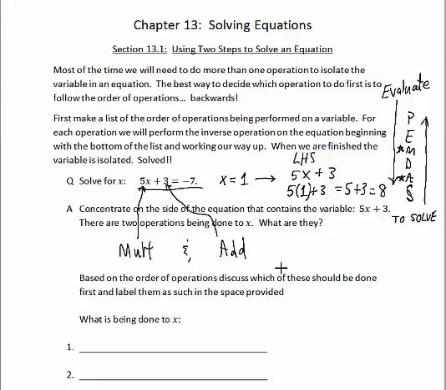So we're simply going to write out a list of what we did. What's being done to x? When we plugged in the 1, what was the first operation that we carried out? Multiply by 5. You have a 5x here, so x is being multiplied by 5. Multiplication comes first in the order of operations, so we would multiply by 5 first, and second we would add 3.